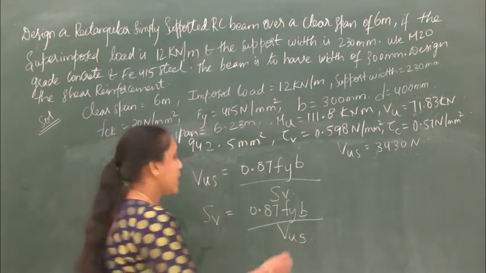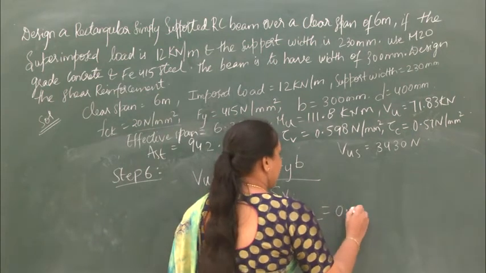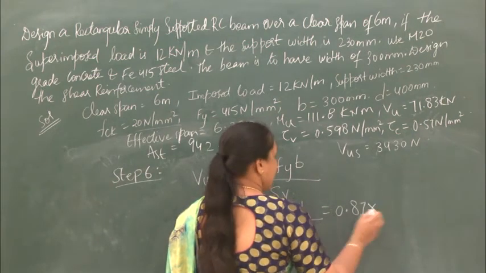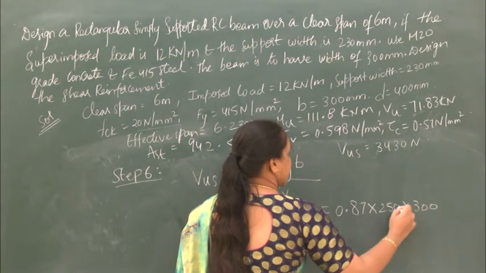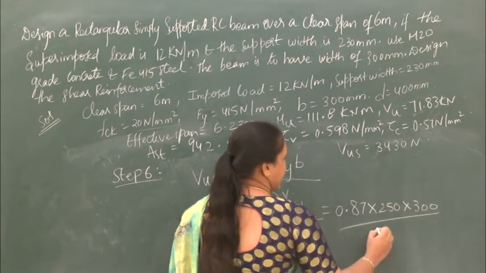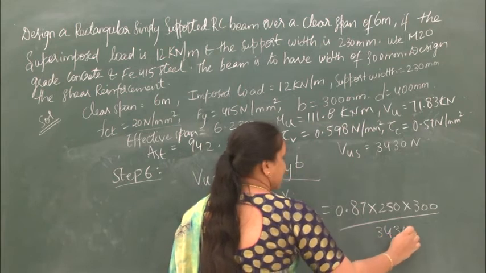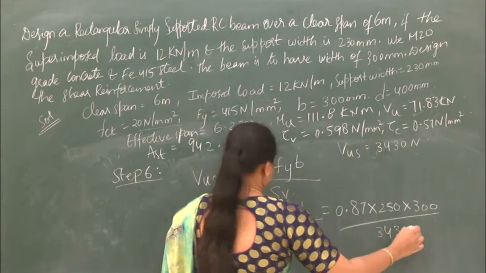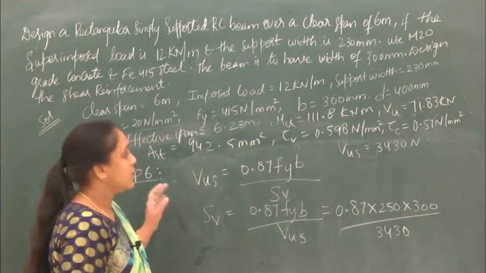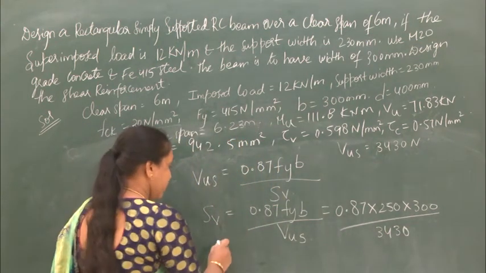Substitute all the values here, that is 0.87 into Fy is 250 into b is 300 divided by Vus is 3430.